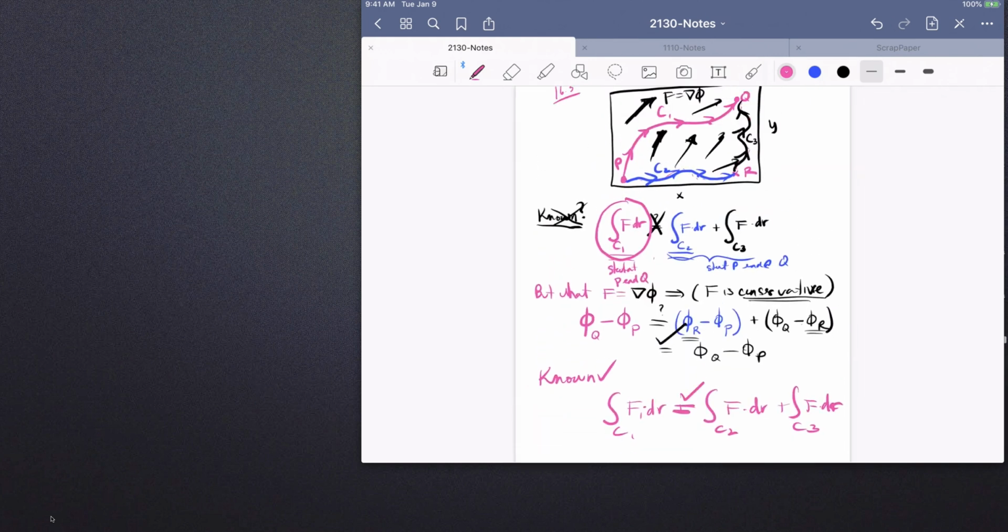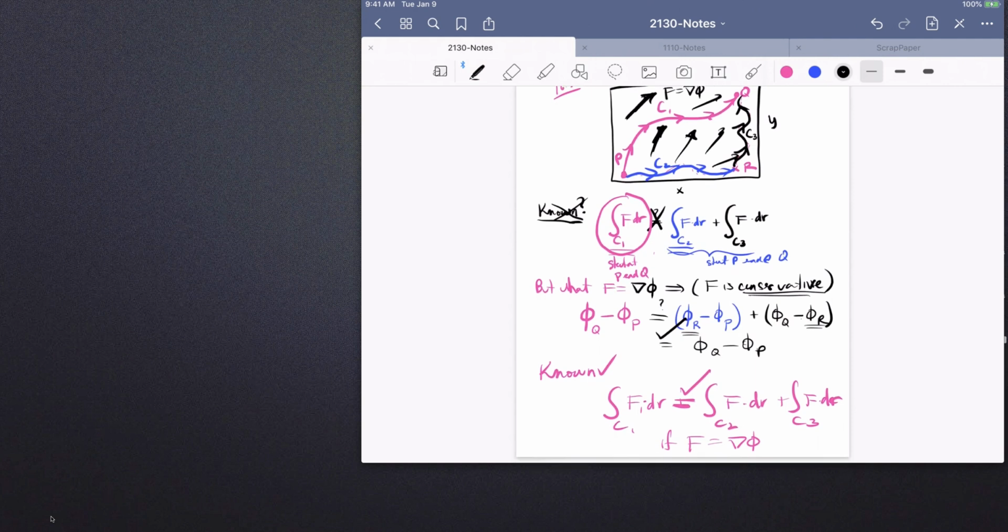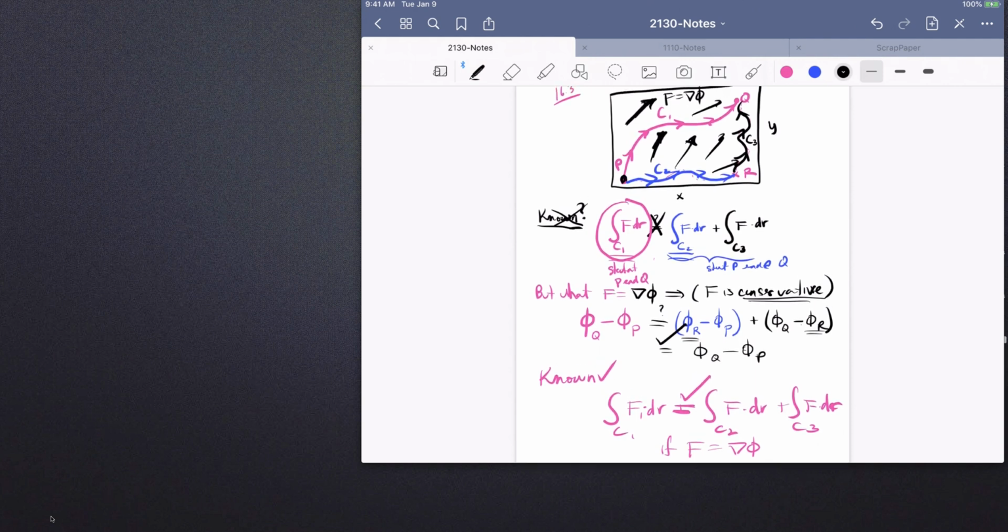That will be equal if the vector field is conservative, or that there is a potential function. And by conservative we mean that work is being conserved: the amount of work to go from P to Q, and the work along the C2 path and then the C3 path, will be the same amount of work.